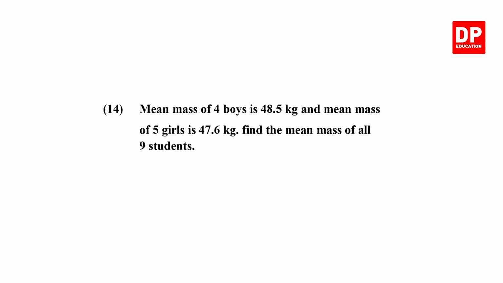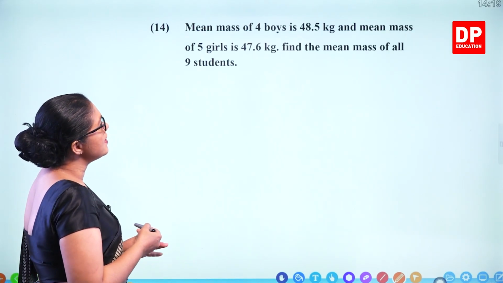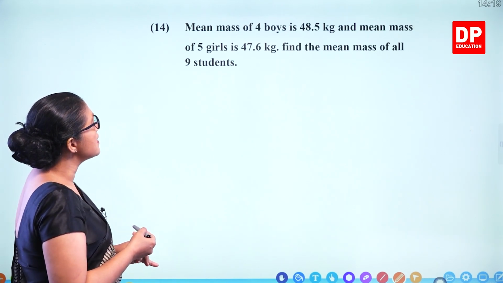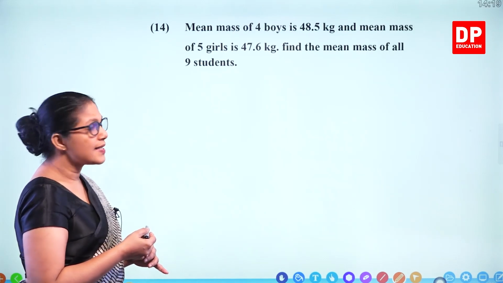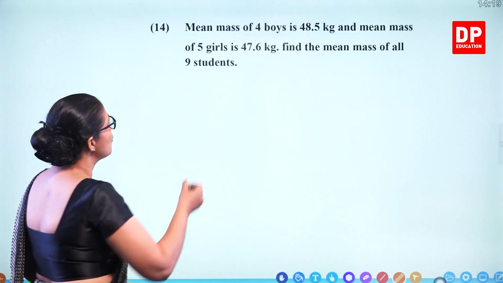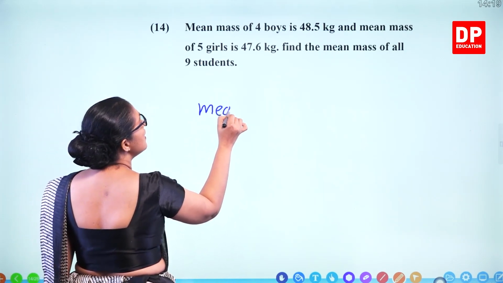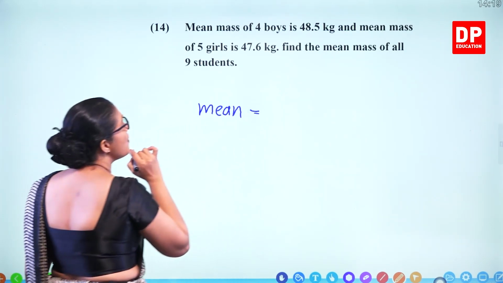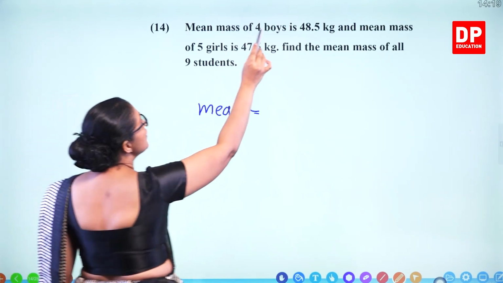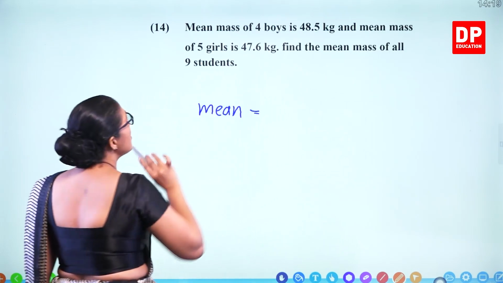Question number 14. Mean mass of 4 boys is 48.5 kilos. And mean mass of 5 girls is 47.6 kilos. Find the mean mass of all 9 students. So, you need the total value. For the mean, you need the overall total for boys and total for girls.